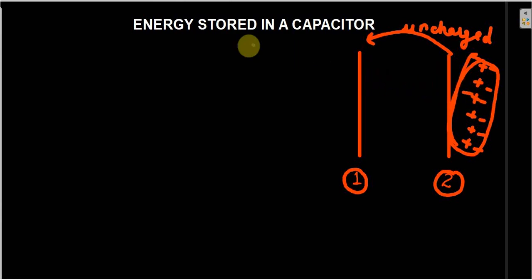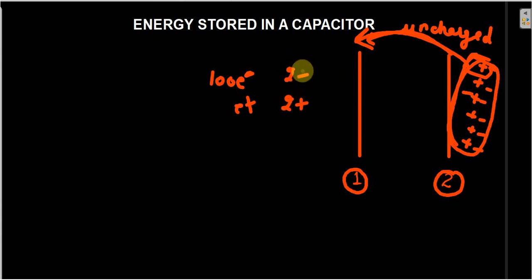For example, if you have 100 electrons, negatively charged particles, and 100 protons, positively charged particles, and you want to transfer the 100 positively charged particles from this body to this body, you have to transfer the charge in installments. Like you can transfer first 2 positive charges, then a second time 2 positive charges.